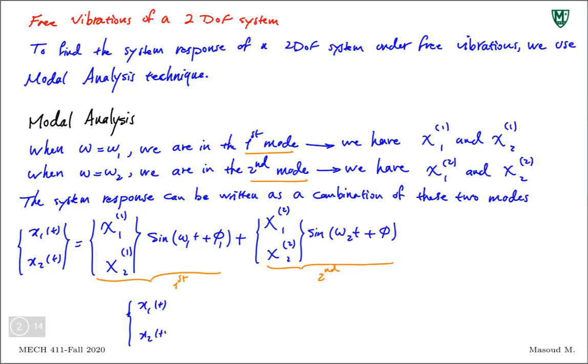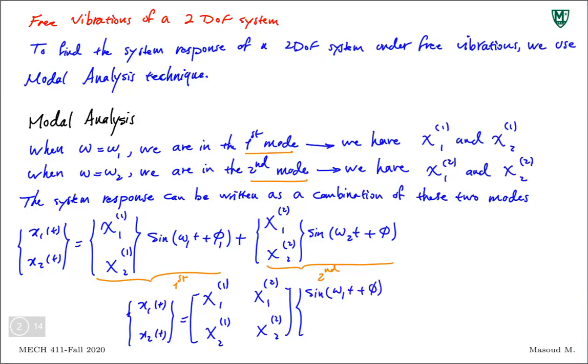x1(t) and x2(t) is equal to, I can write it as the matrix x11, x12, x21, x22, and then the vector sine(omega 1 t plus phi 1) and sine(omega 2 t plus phi 2).